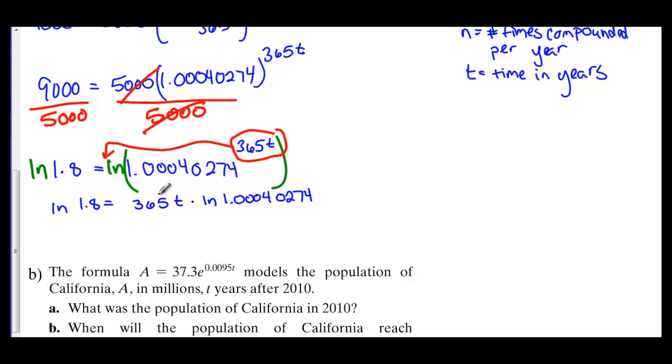So we're going to divide. And we're going to do two divisions at once, meaning we need to divide by that 365, and we need to divide by the natural log of 1.000400274. So we're going to divide both sides by that.